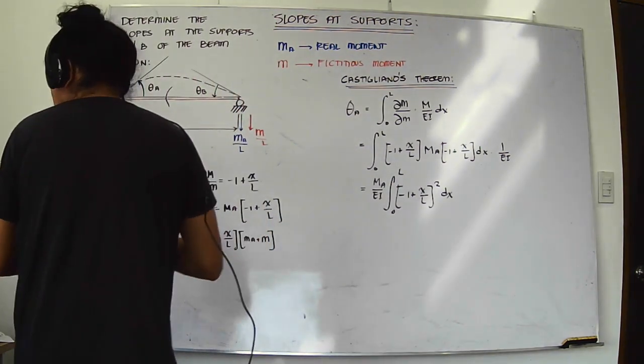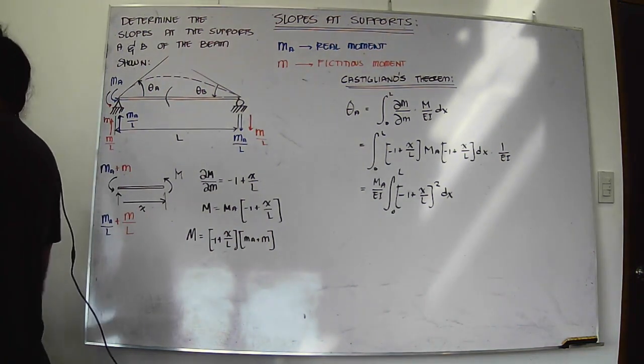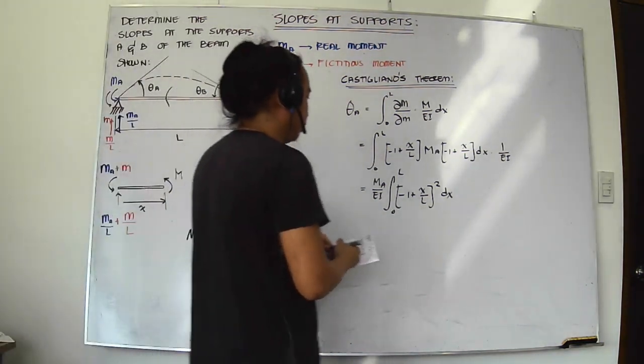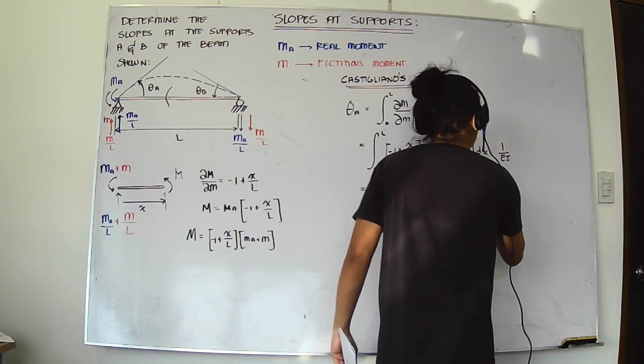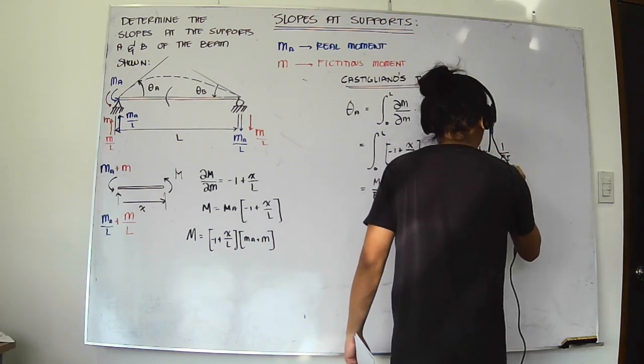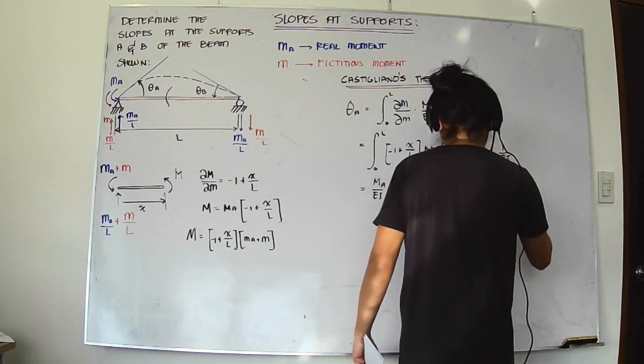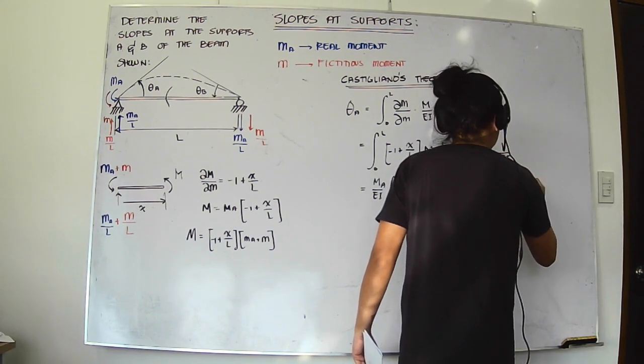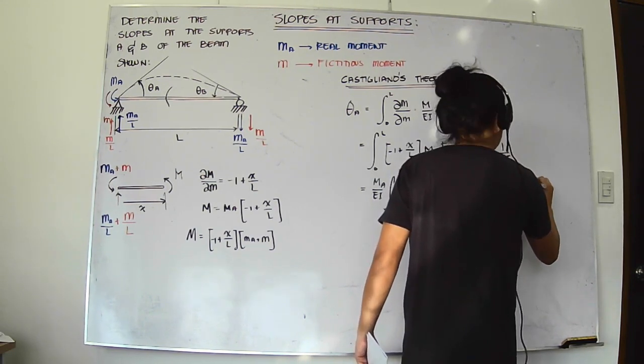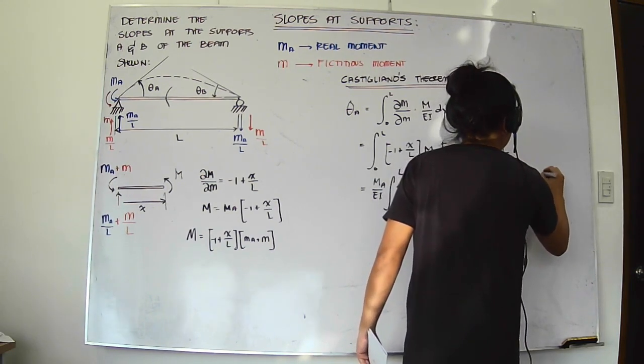So this is what we will solve. Now, for the integral from 0 to L of negative 1 plus x over L, squared.